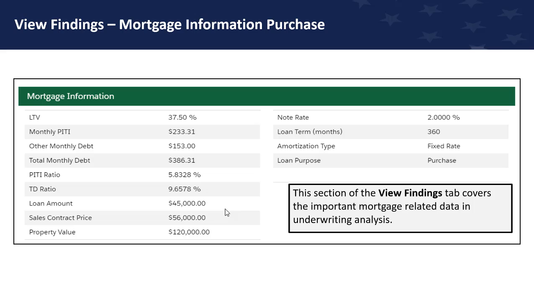This will default to 360. Amortization type. Loan purpose. USDA refi purpose. And this is listed if the loan purpose is refinance. And refinance program. This is listed if the loan purpose is refinance. The example shown on this page is for a purchase loan. The next slide will show a refinance example.